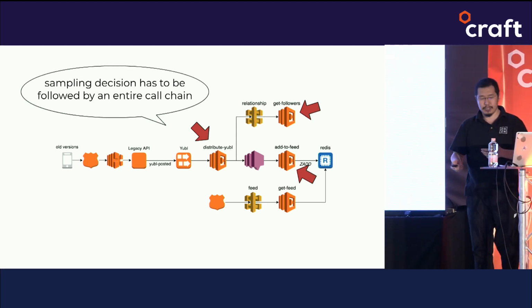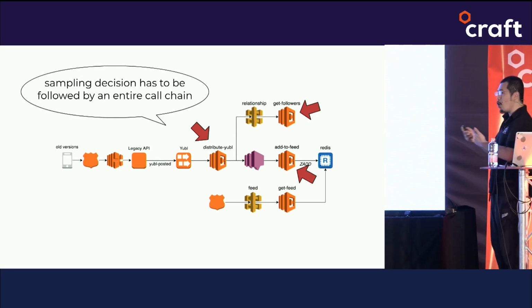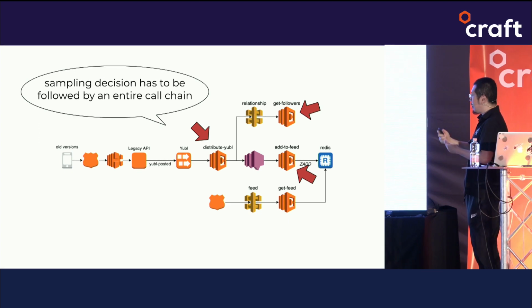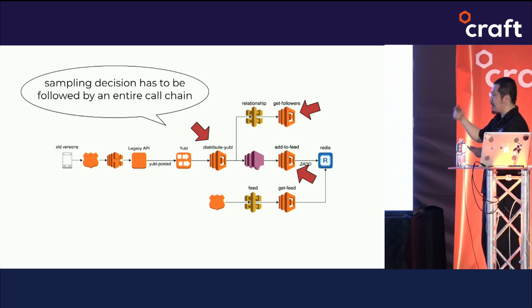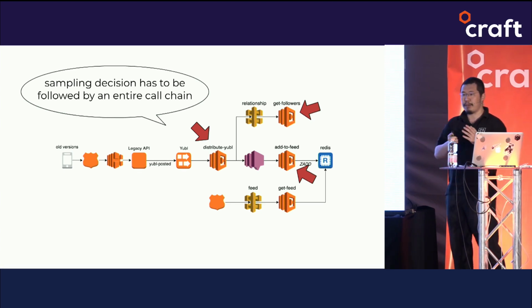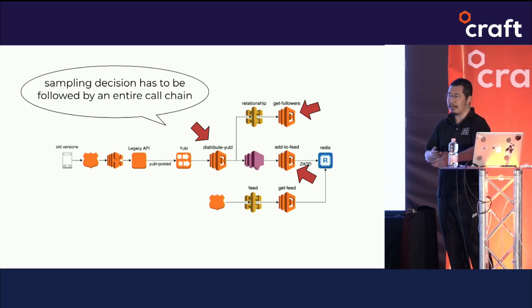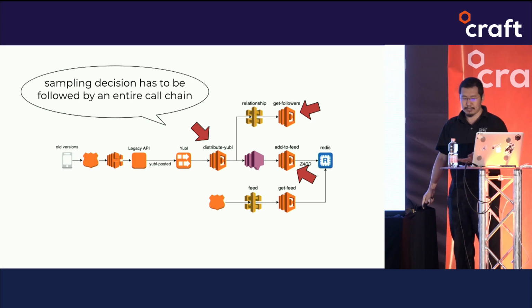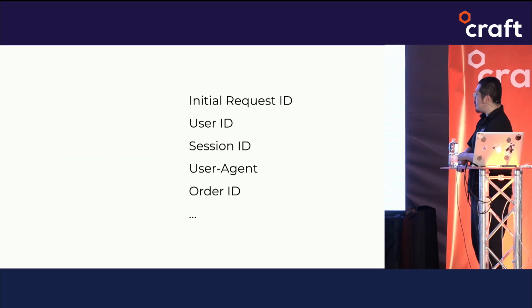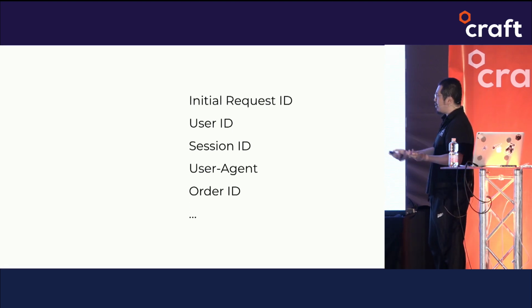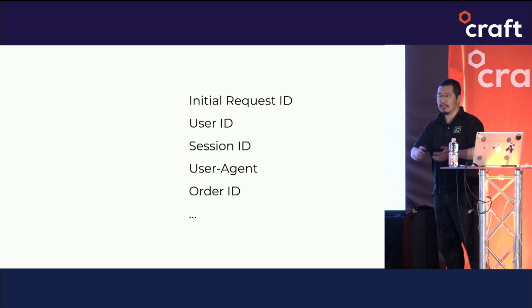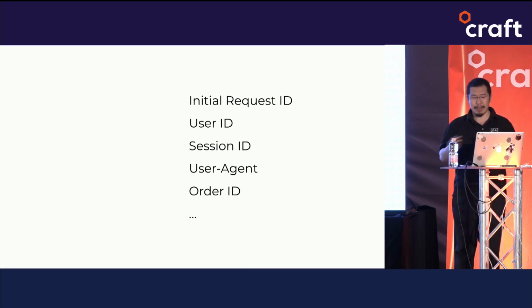And of course, since we're using so many different event sources, some are synchronous, like API Gateway, others are asynchronous, like SNS and Kinesis and so on. Those decisions need to be passed along through all these synchronous and asynchronous event sources. I also want to make it easy for my developers to record additional correlation IDs that they can use to correlate the logs from different functions across different dimensions.